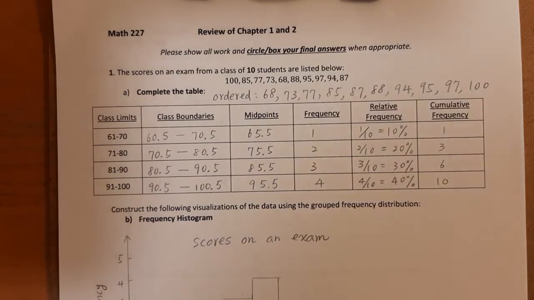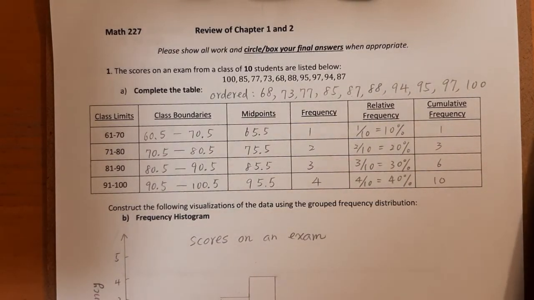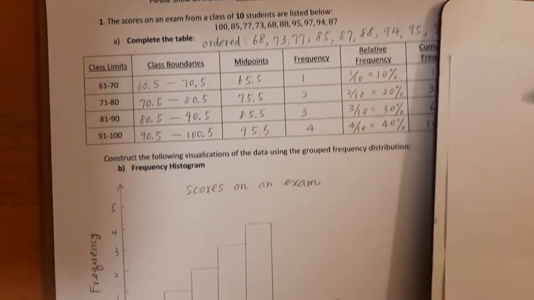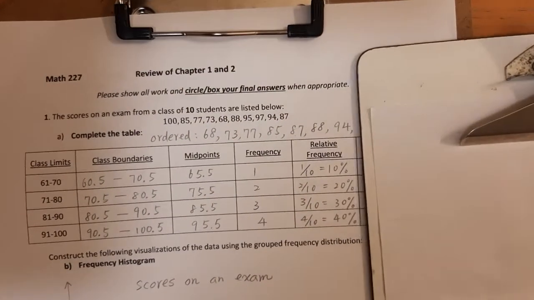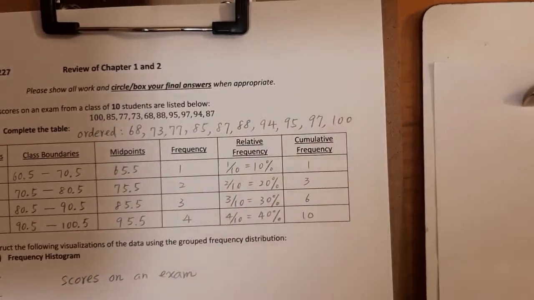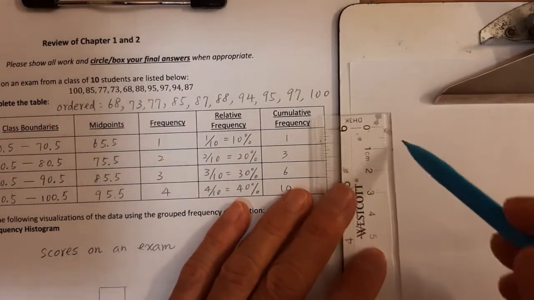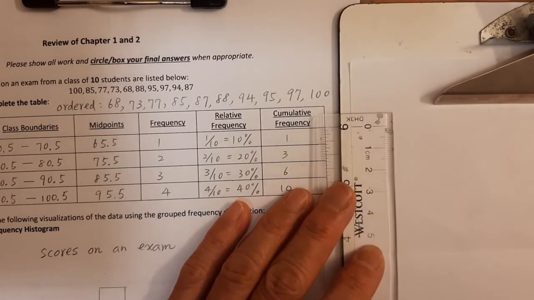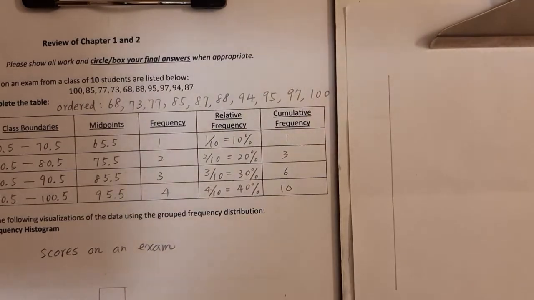How do we put them in ascending order? We can use a stem-and-leaf plot. So we draw a stem-and-leaf plot. First of all, we draw the stem. What is the stem?